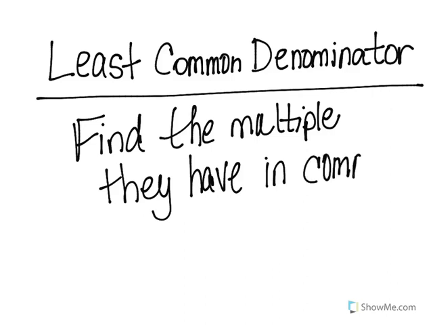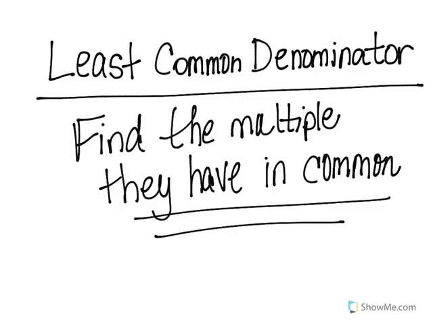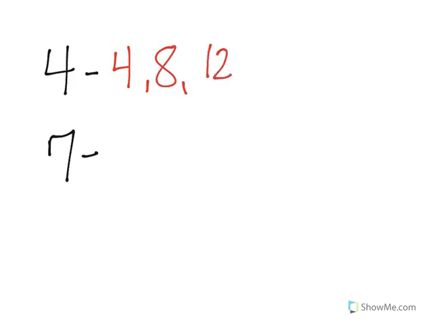So let's see what a couple of those look like. Just as a reminder, because you guys can watch this as many times as you need to. So let's say that my numbers are 4 and 7. Least common denominator. So if I go through and I work with these, 4, 8, 12, 16.